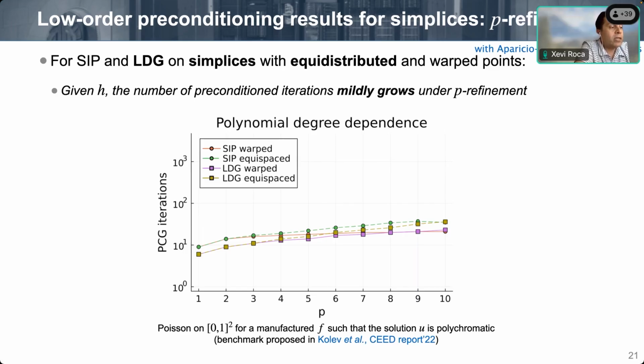For 1D LGL segments, you have really nice properties of interpolation and extrapolation, and also of norm equivalences, that they can use in terms of the tensor product. This is not the same for simplices, so we have to see if we are able to find a way to improve these results on p-refinement. Next slide.